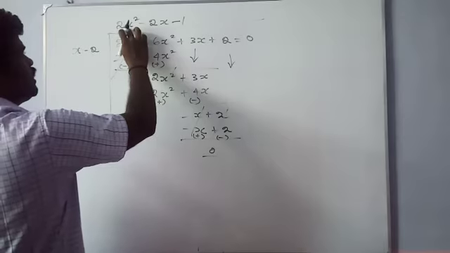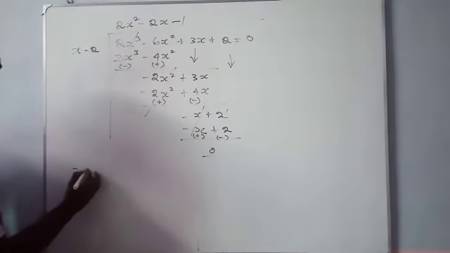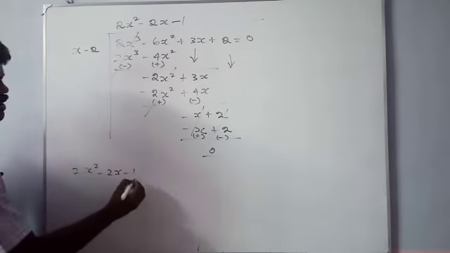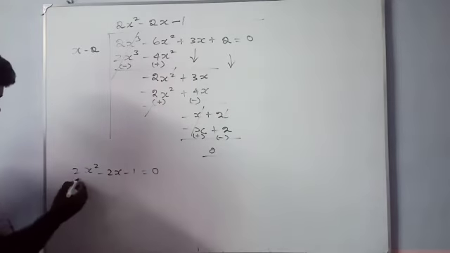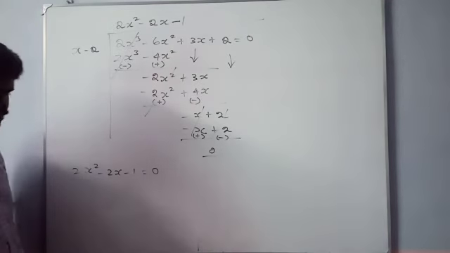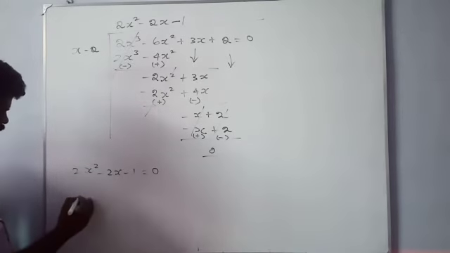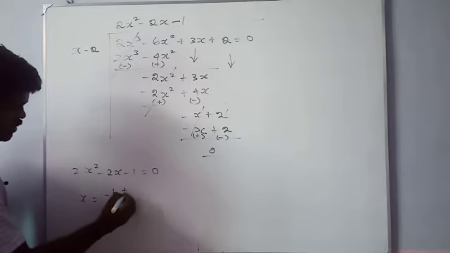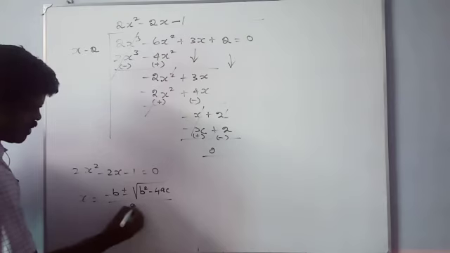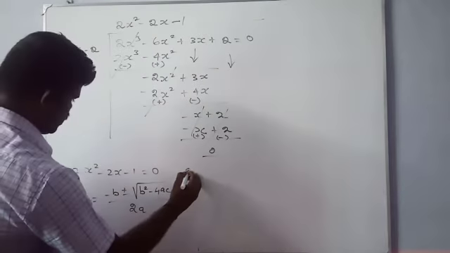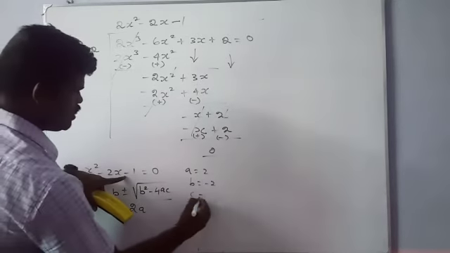Therefore, the other factor is 2x square minus 2x minus 1. The factor must be changed to an equation because we want to find the quadratic roots. We do not find them directly, we use the formula method. What is the formula? x is equal to minus b plus or minus root of b square minus 4ac divided by 2a. Here a is equal to 2, b equal to minus 2 and c is equal to minus 1.